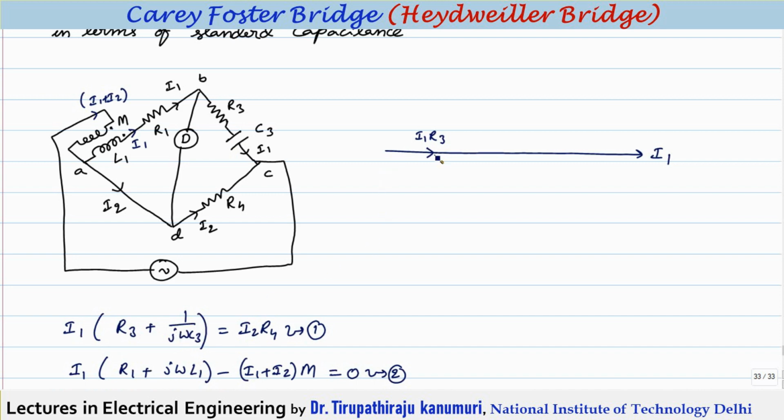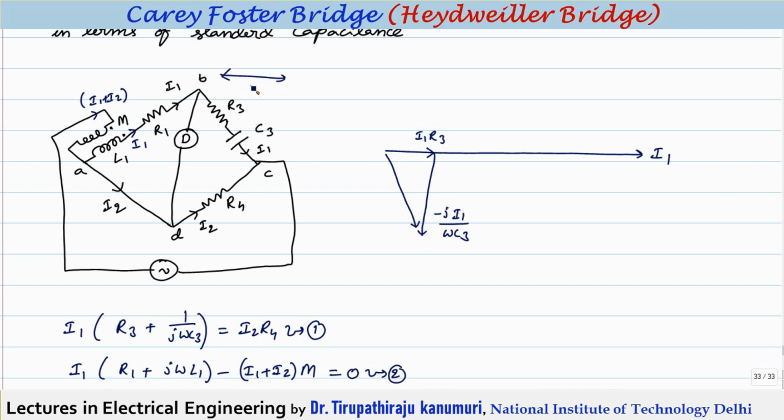Minus j means it will be along the negative imaginary axis. The sum of these two gives the total voltage drop in this branch.